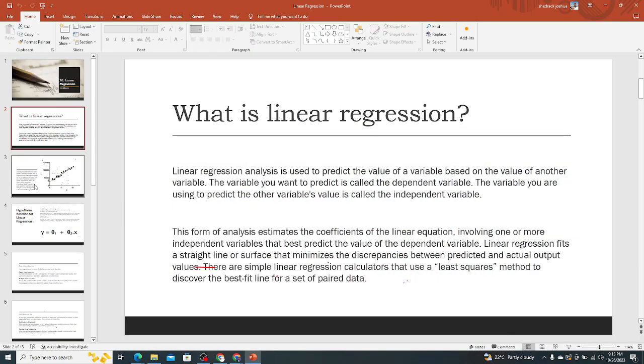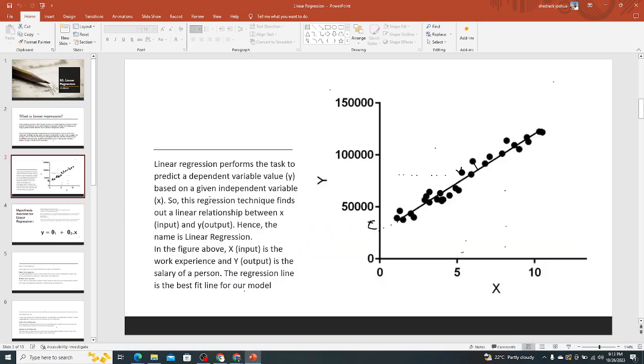Okay, good. Let's continue. Maybe a task for all, in an illustration for linear regression, is that linear regression performs the task to predict a dependent variable y, as I had illustrated, based on a given independent variable x. So our independent variable is x, our dependent variable is what?